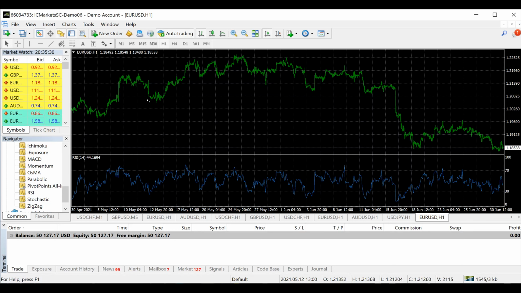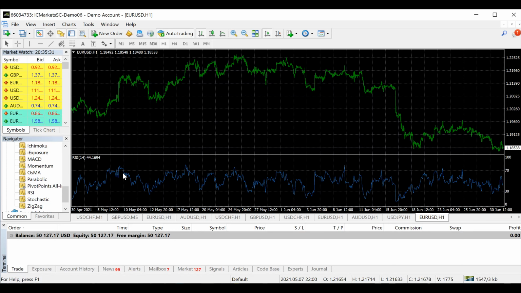Although the reversal is very small, then it's ranging here before it goes back up here. But when it hits here and it comes back, you have to wait. If it doesn't stay long up here, then there are chances there won't be a lot of reversal.